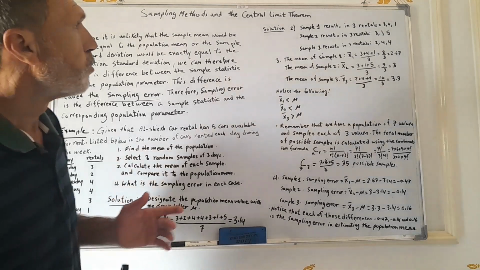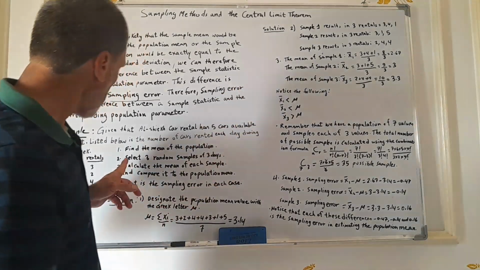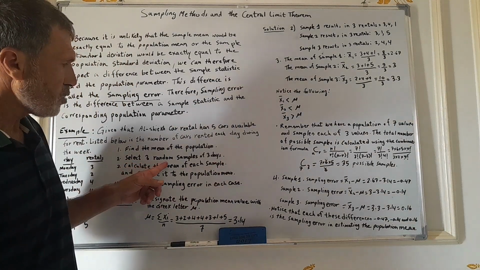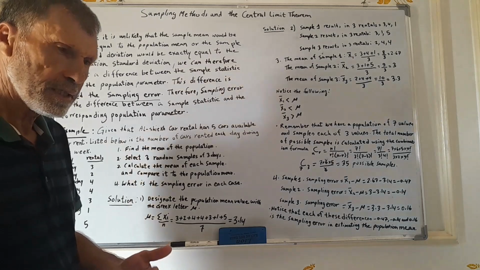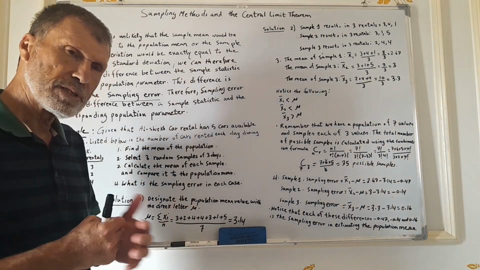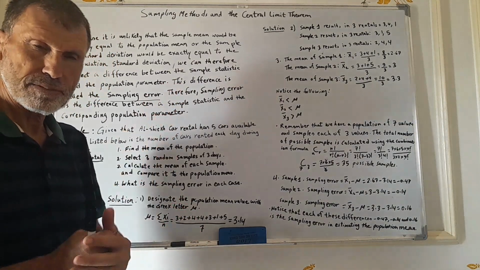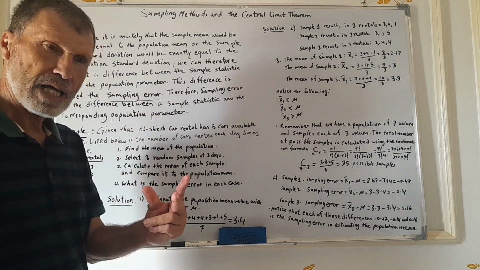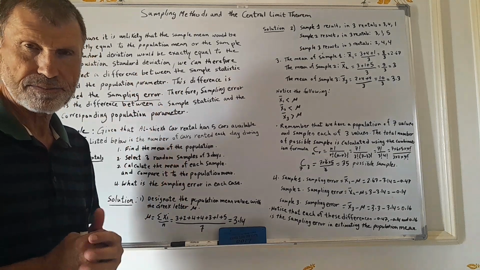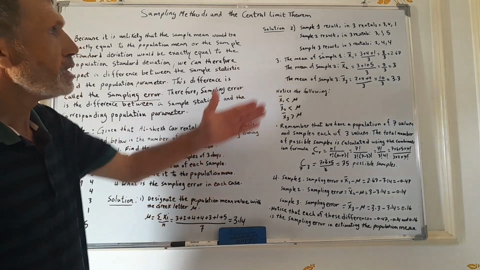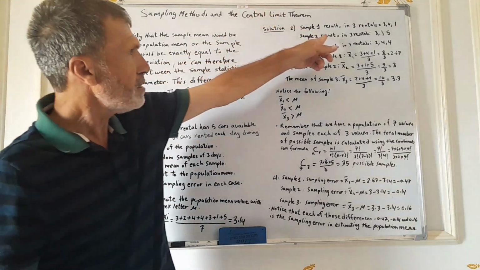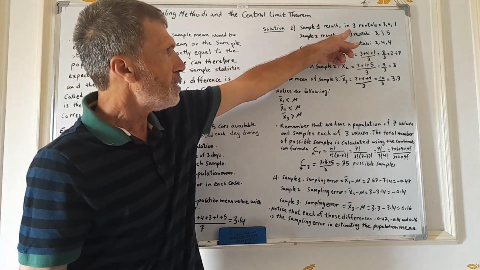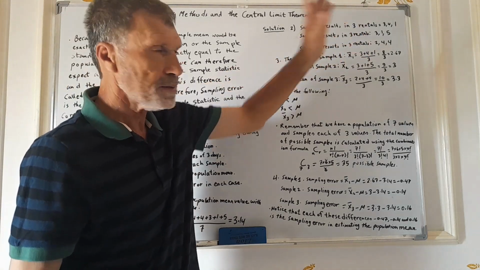Now, we move to the second question. Select 3 random samples of 3 days. So we're going to select 3 samples, and each sample consists of 3 days. These are the samples we selected. Sample 1 results in 3 rentals, 3, 4, 1.